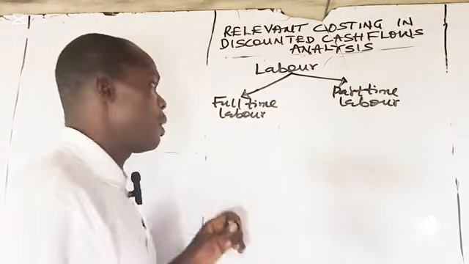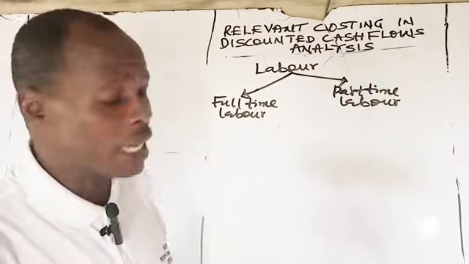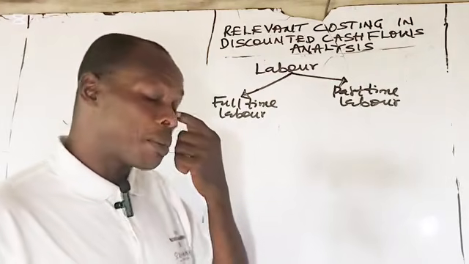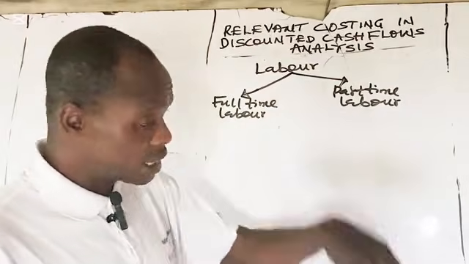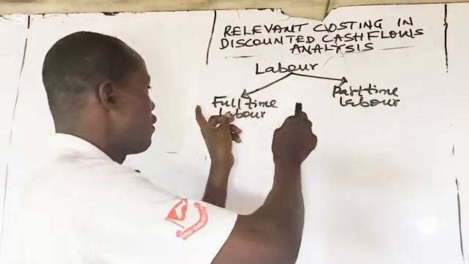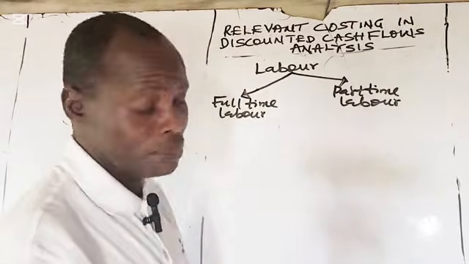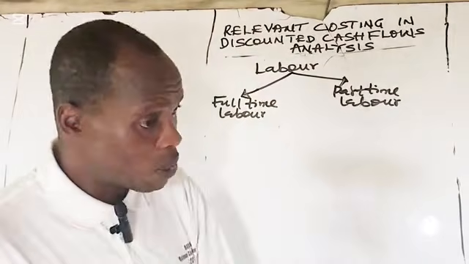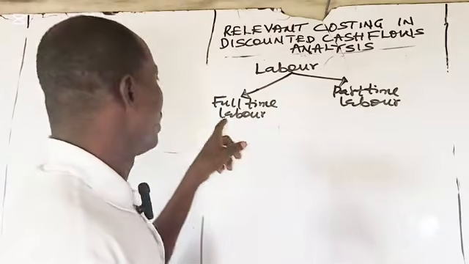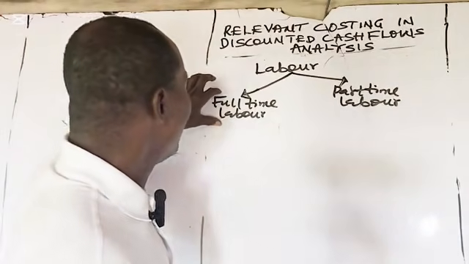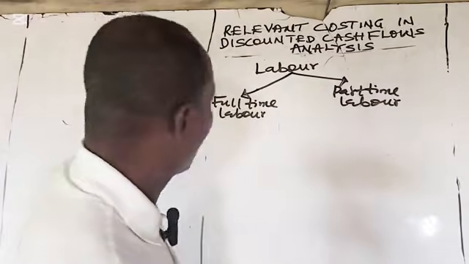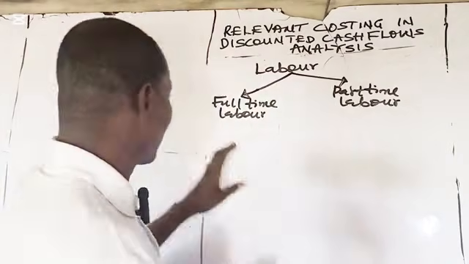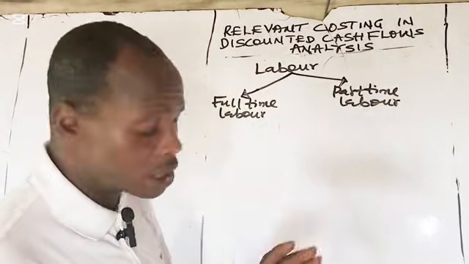The full-time labor are salaried workers. So whether the project will be undertaken or not, these staff have been employed by the company and their salary will be paid whether or not they work in the project we want to consider. Since their salary will be paid, the relevant cost of full-time labor is 0. That is, the salary paid to a full-time staff is not relevant.